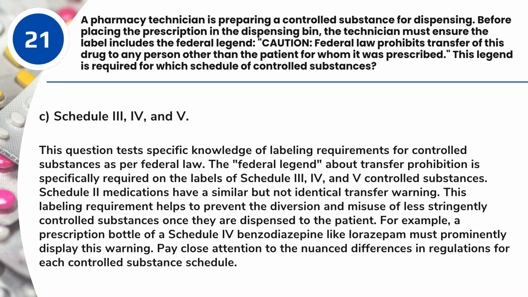This labeling requirement helps to prevent the diversion and misuse of less stringently controlled substances once they are dispensed to the patient. For example, a prescription bottle of a Schedule 4 benzodiazepine like lorazepam must prominently display this warning. Pay close attention to the nuanced differences in regulations for each controlled substance schedule.